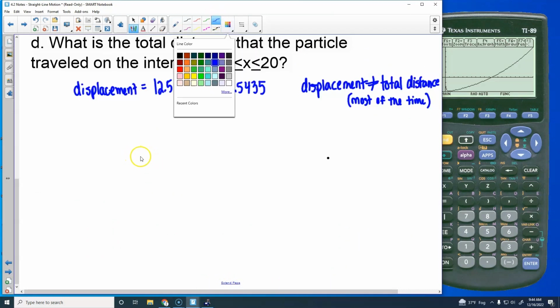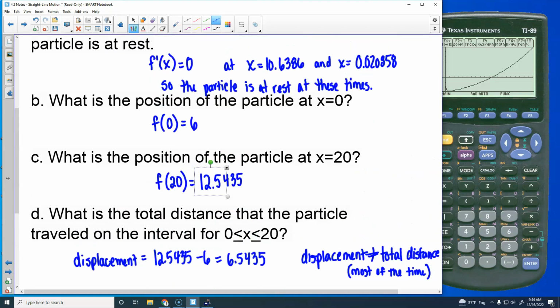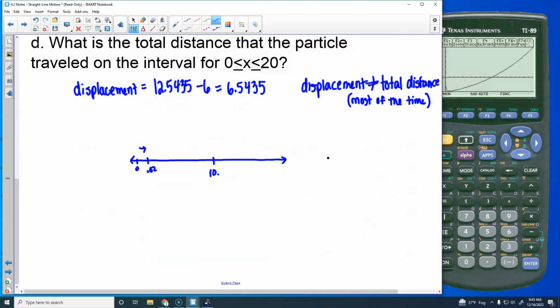If we're thinking about a timeline here, from 0 to 0.02, I was moving to the right. Then, until I got over here to 10.638, I was moving to the left, and then for the rest of the time, I was moving to the right. So we've got to consider each interval that happens here.